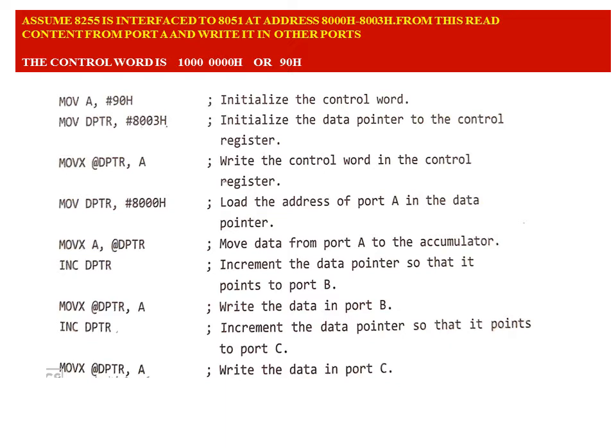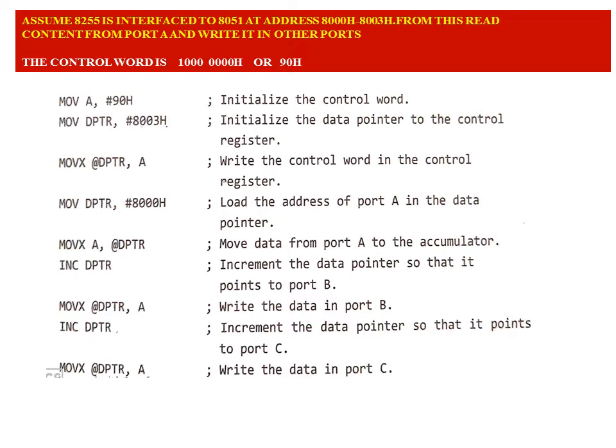See this example of how the 8051 interacts with the 8255. There are 3 ports of the 8255 and 1 control register. So how will it read data from one of the ports?